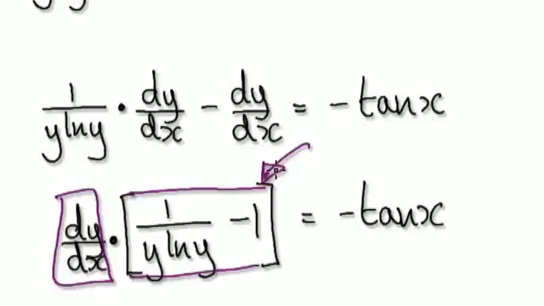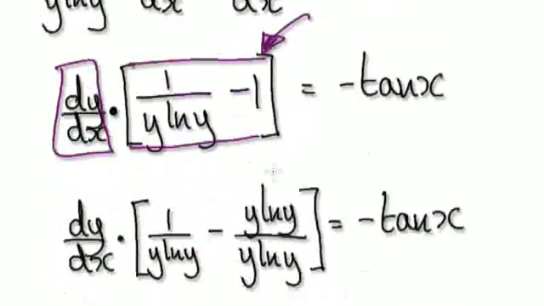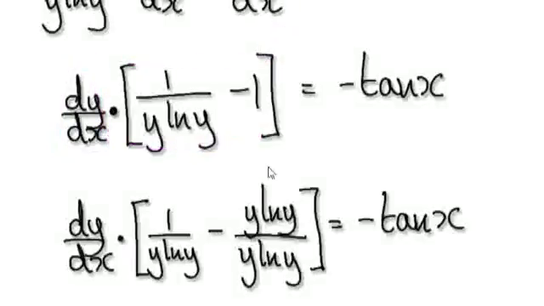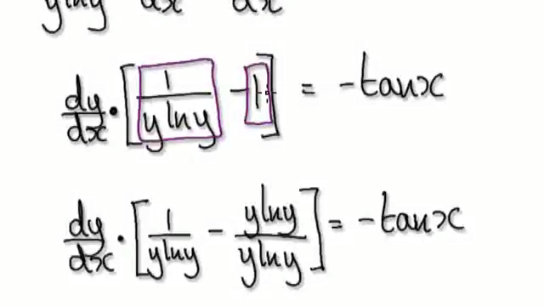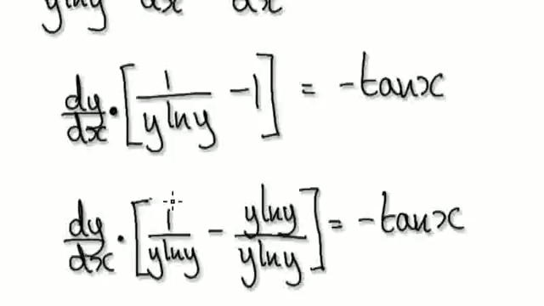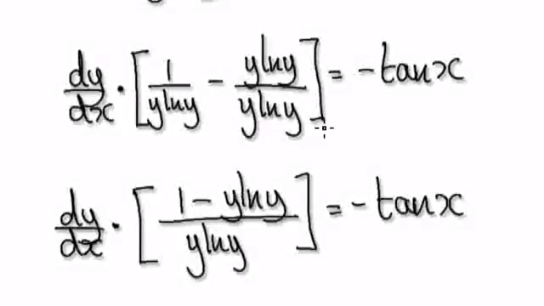So divide both sides by this block. Sorry, hang on. Before you divide, merge. At the moment you've got one fraction, take away another fraction here. So merge these two fractions together. That will then give you this.